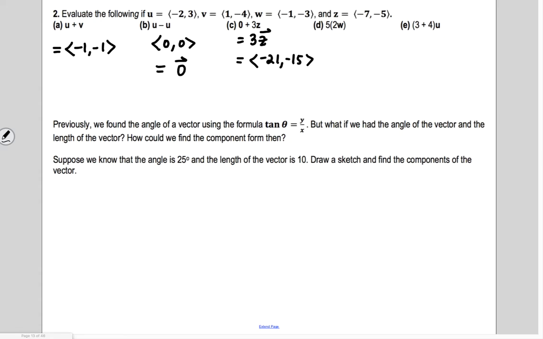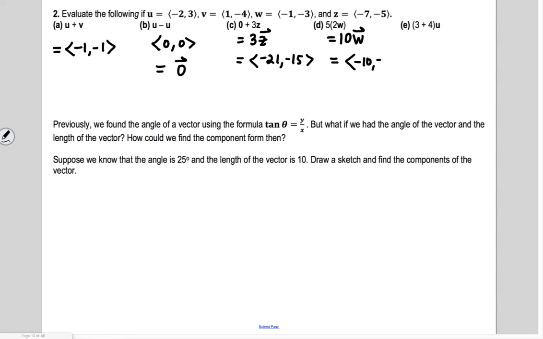All right, so 5 plus 2w. Well, don't you think that's just going to be 10w? Yeah, because you would find 2w, so you'd multiply 2n, you get negative 2 comma negative 6, and then you multiply the 5n. So can't we just do that all at once? So yeah, this is going to be, what did you guys say?